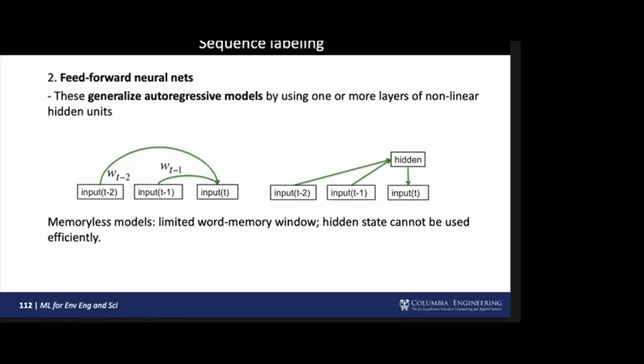They only look at a small fixed window of past words or data points. See here, we only consider t minus 2, meaning only the previous 2 steps are considered. So it's memoryless, because for memory you would want to remember things from the first step, like initially moving forward autoregressively. That's the kind of memory we want to build into a model. Because the window is limited, the model cannot really use a hidden state efficiently to remember long-term information.